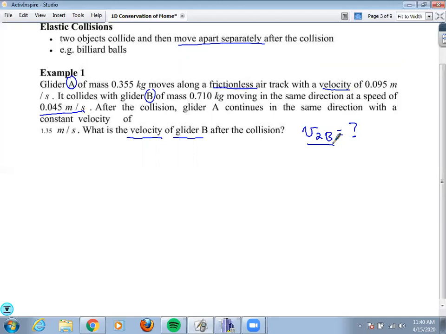So we start with stating the law. P total 1, where 1 is before, equals P total 2, which is after. Now there's two objects, A and B. So P1A plus P1B must equal P2A plus P2B. Again, 1 is before, 2 is after.